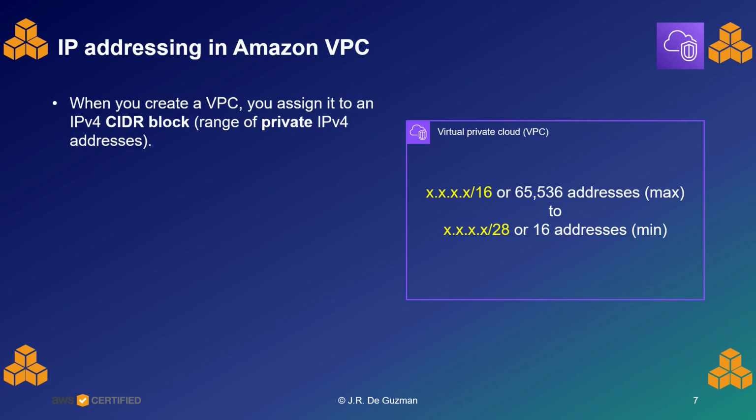When you create a VPC, you assign an IPv4 CIDR block, or a range of private IPv4 addresses, to it. After you create a VPC, you cannot change the address range, so it is important that you choose it carefully. You should be careful in choosing a CIDR block.